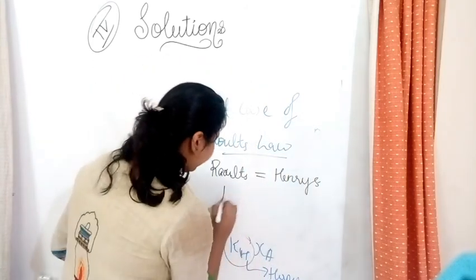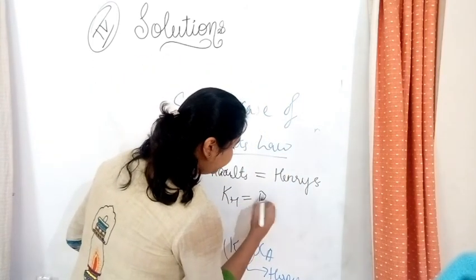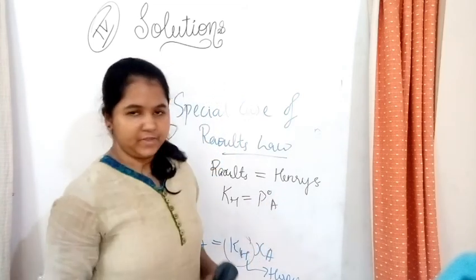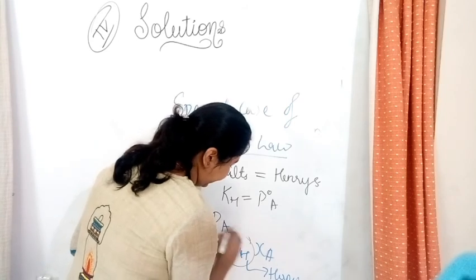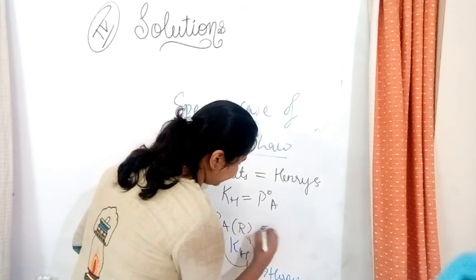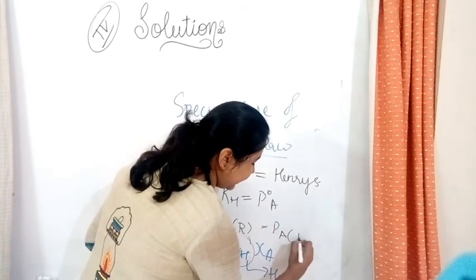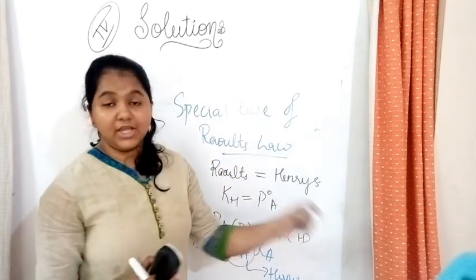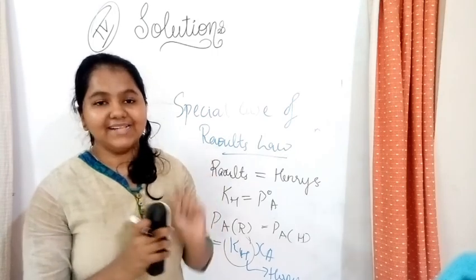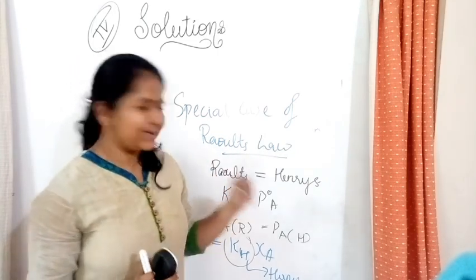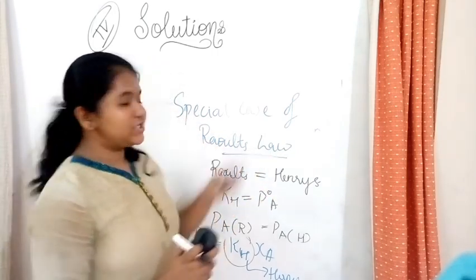That is, KH should be equal to P0A. If that is equal, then what would happen? PA of Raoult's law is equal to PA in Henry's law. So the change that comes between these two are only in the KH and P0A values. So that is all to talk about what is the special case.